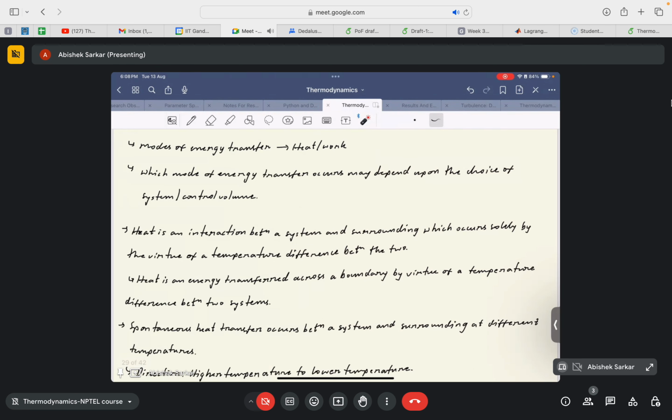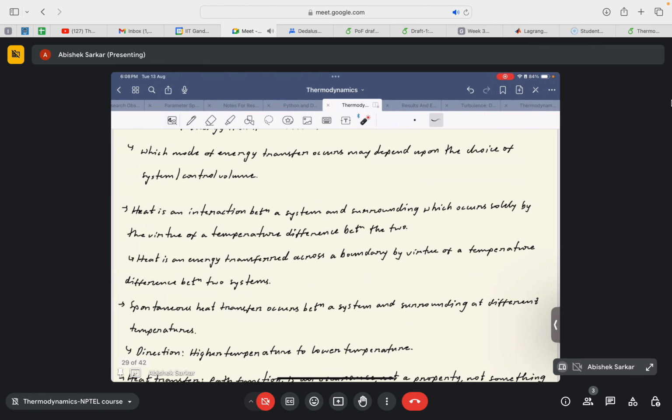Heat is an interaction between a system and its surroundings which occurs solely by virtue of the temperature difference between the two. If two bodies have a temperature difference between them, there is bound to be a heat transfer between them.